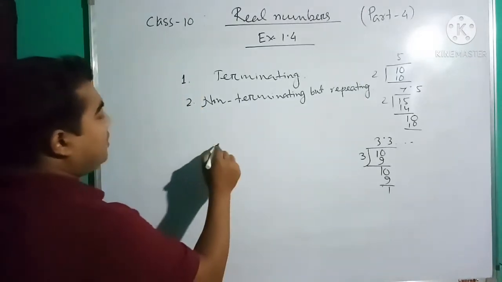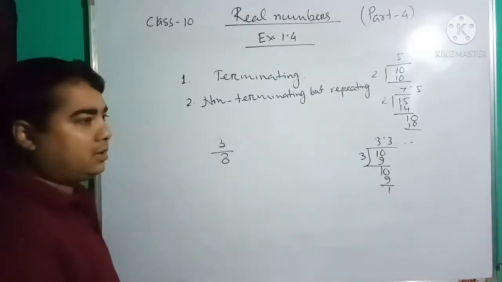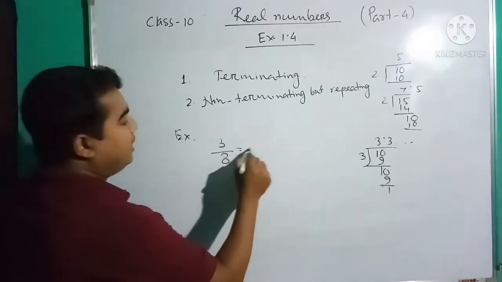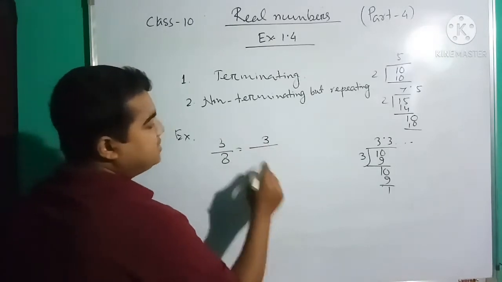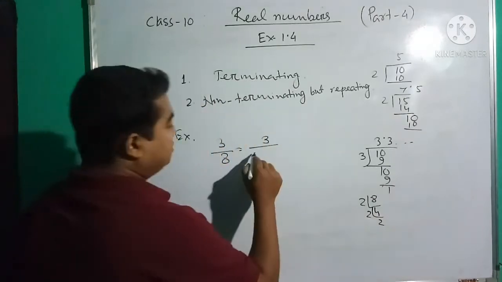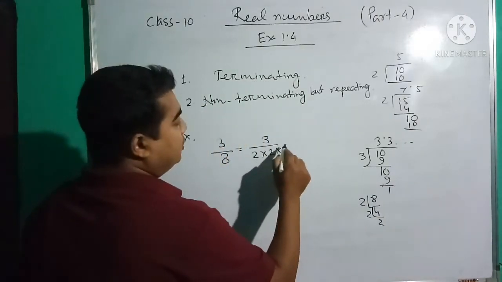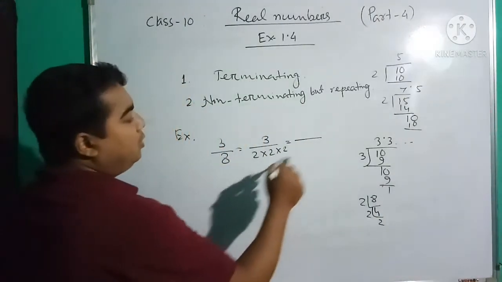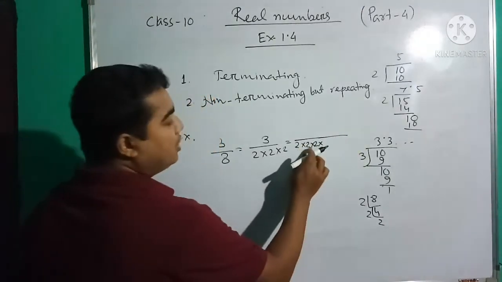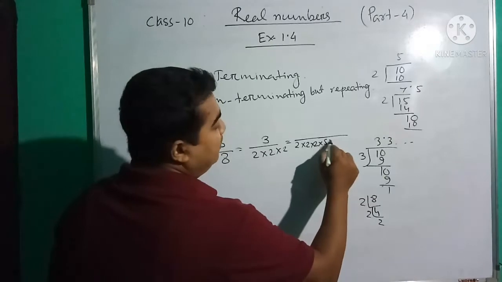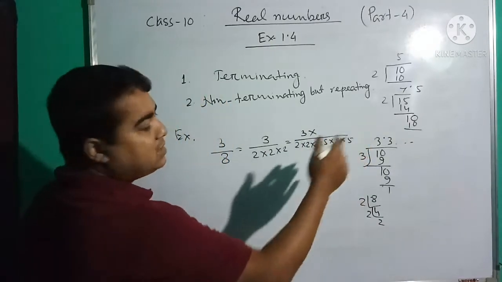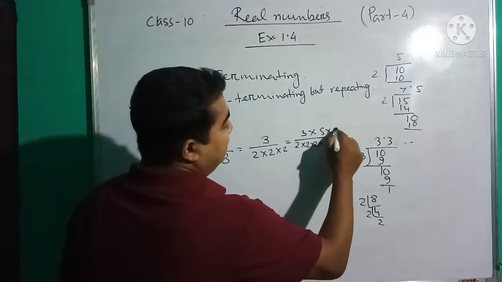See, 3 by 8, one example. Now factorize 8: 2 into 2 into 2. 2 appears 3 times, so multiply 5 three times, and similarly at the numerator place, 5 multiplied 3 times.